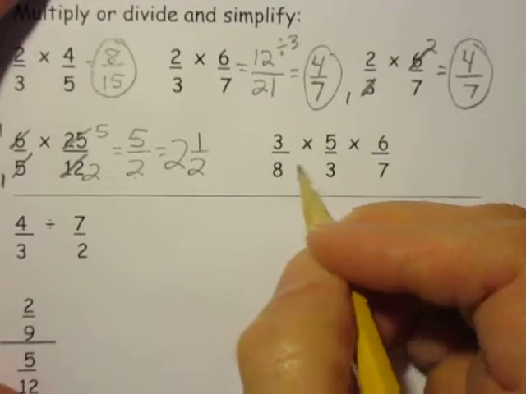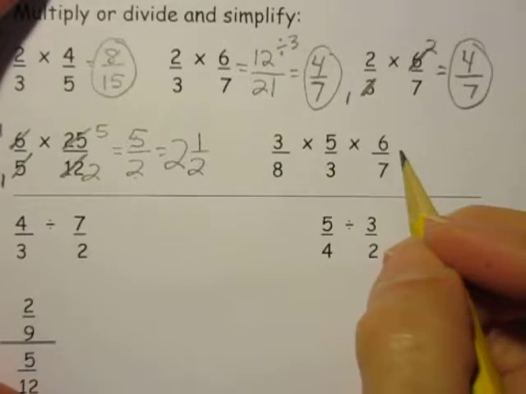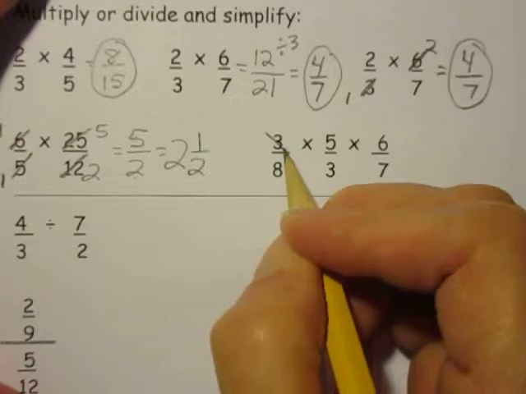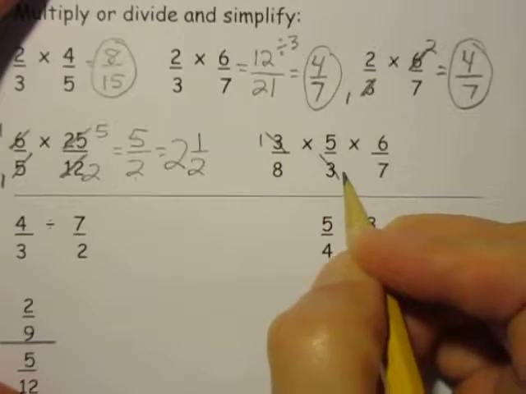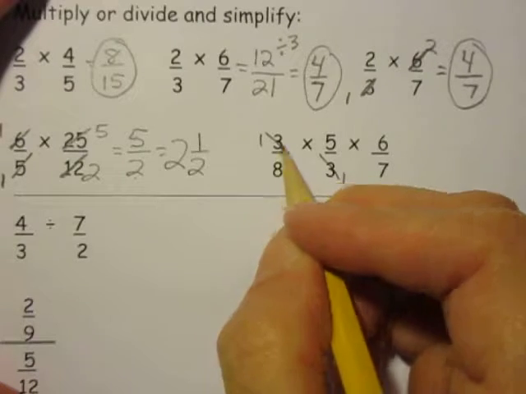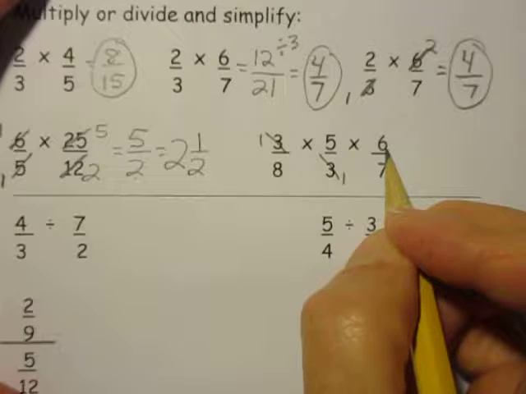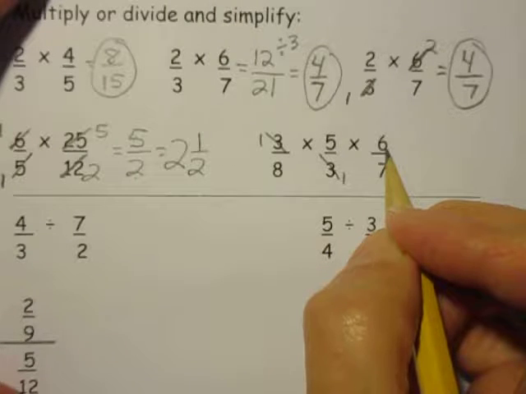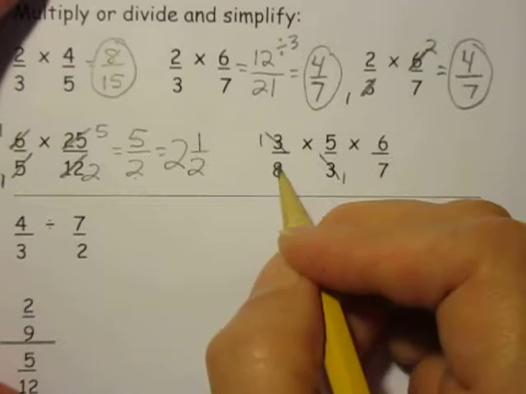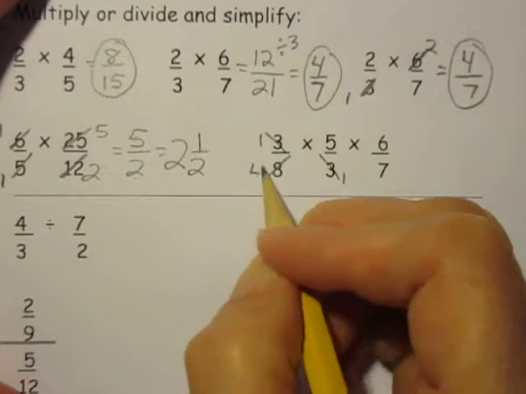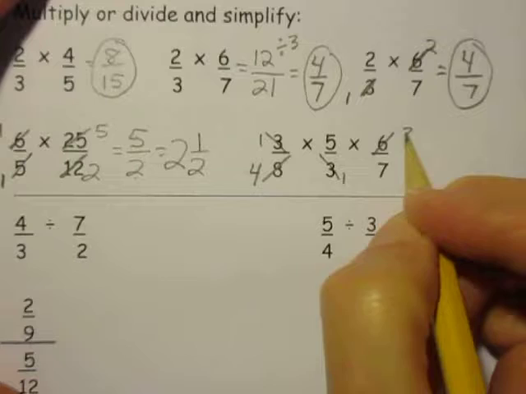Now this next one, we've got 3 fractions that we are multiplying. We can see that we can reduce diagonally here. 3 divided by 3 is 1, 3 divided by 3 is 1 here, so we reduce 3 from the numerator and 3 from the denominator here. Now, the first and the last fraction have multiples of 2. So I can reduce this denominator. 8 divided by 2 gives me 4. 6 divided by 2 gives me 3.